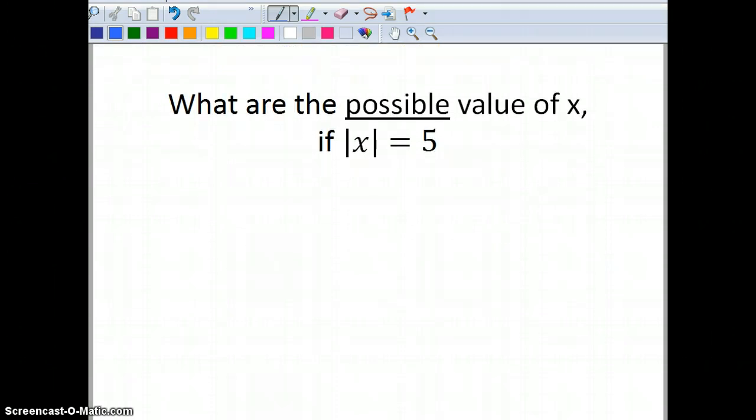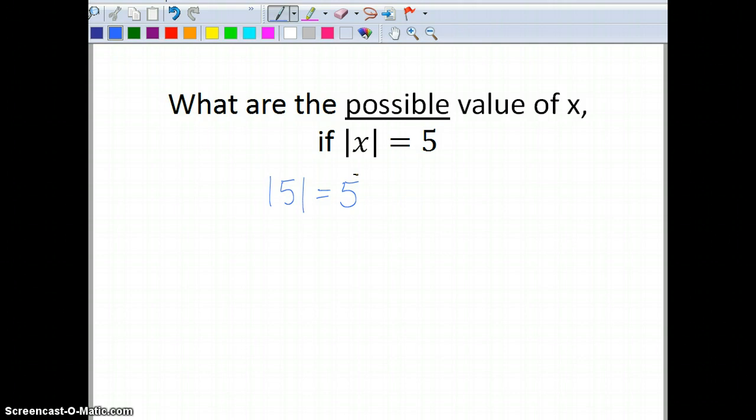Now, if I have the absolute value of x is equal to 5, what are the possible values of x? Well, I know that when I take the absolute value of a number, it's positive. So the absolute value of 5 is going to give me 5.